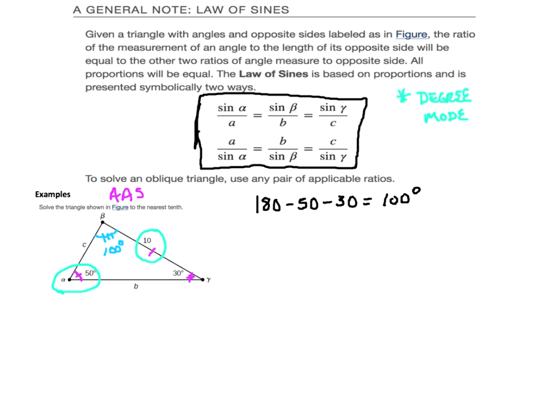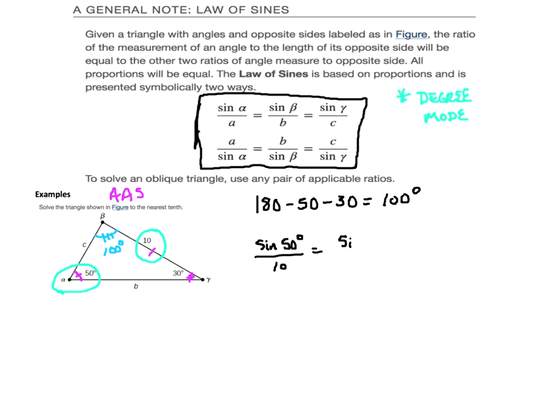Okay, so I know that the sine of 50 degrees divided by 10 has to be equal to, well, I can choose to start with either angle beta or angle gamma. I'll start with gamma because that was given to us. And so we're going to solve for side C first.